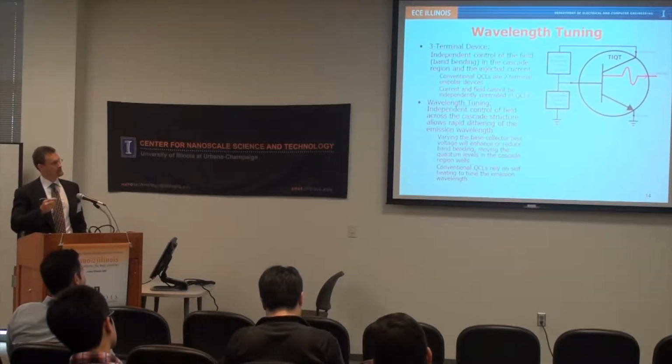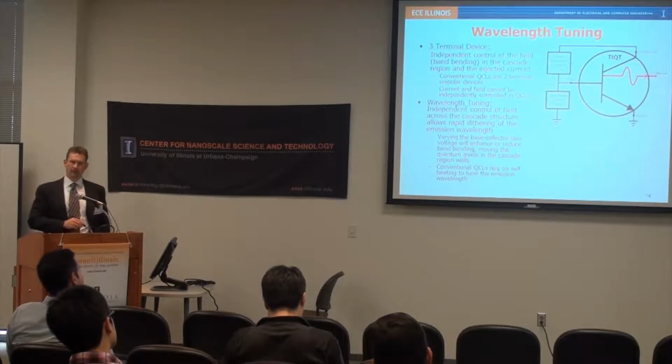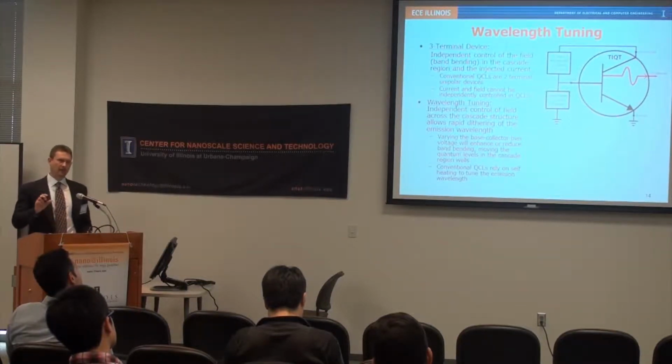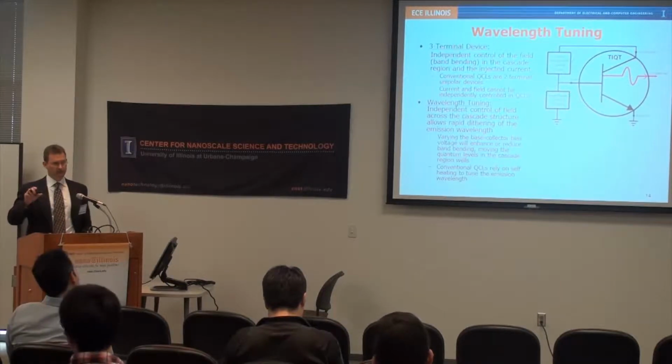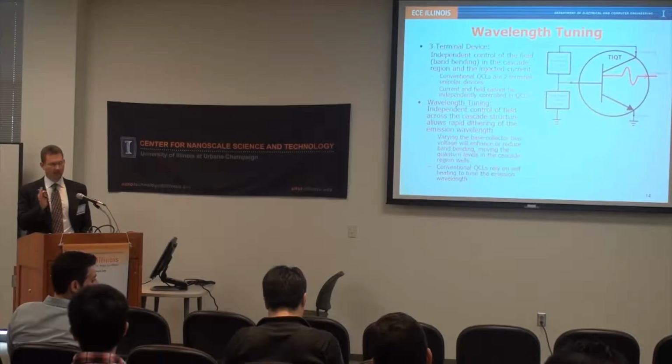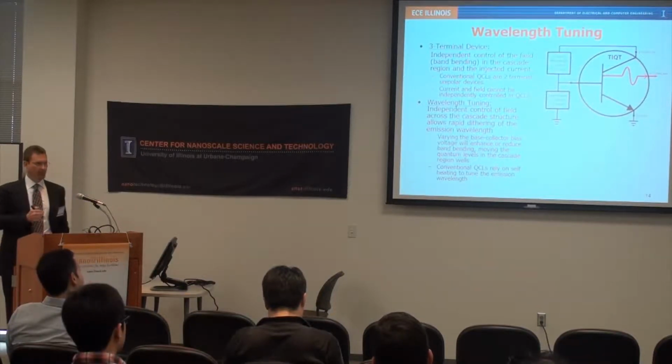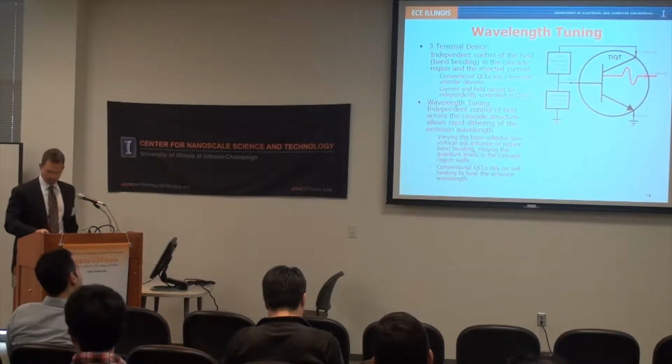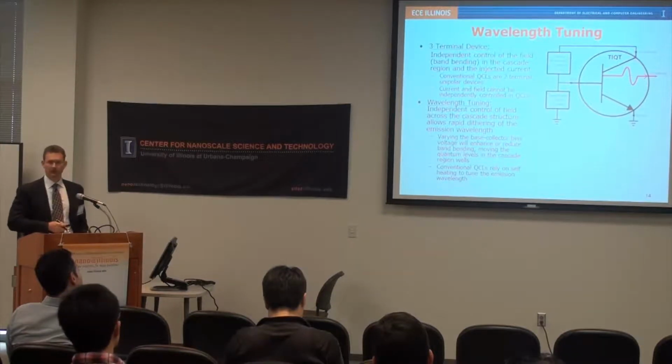And then we would have a small dithering circuit placed on the reverse biased base collector junction to cause very small changes, in regions where we still have a good overlap between the different wave functions that are contributing to the state lifetimes. By having a small dither, we're able to produce a minor sweep in the wavelength right around a given part of the spectra. And that can be done very rapidly.